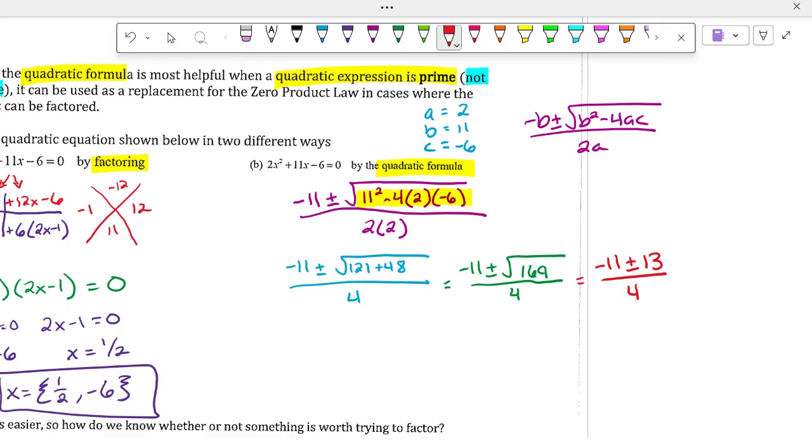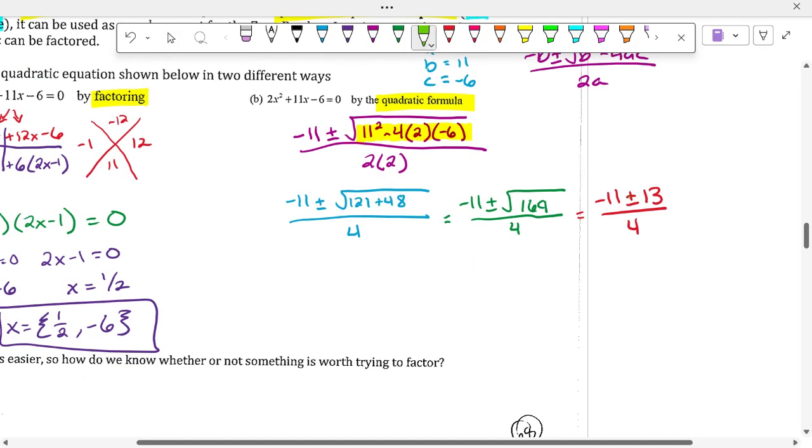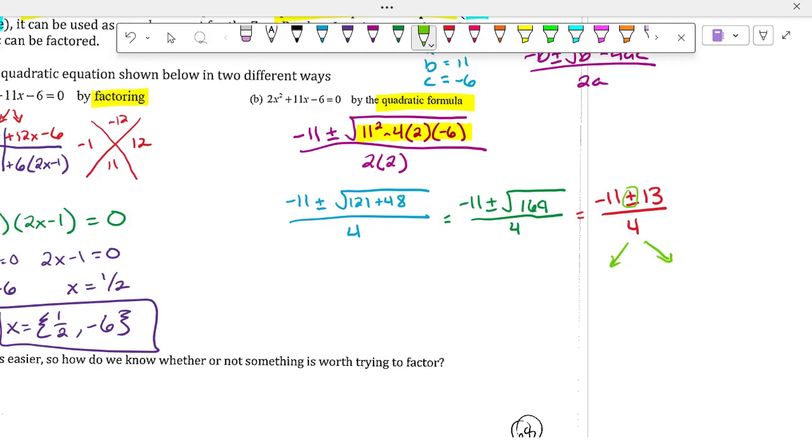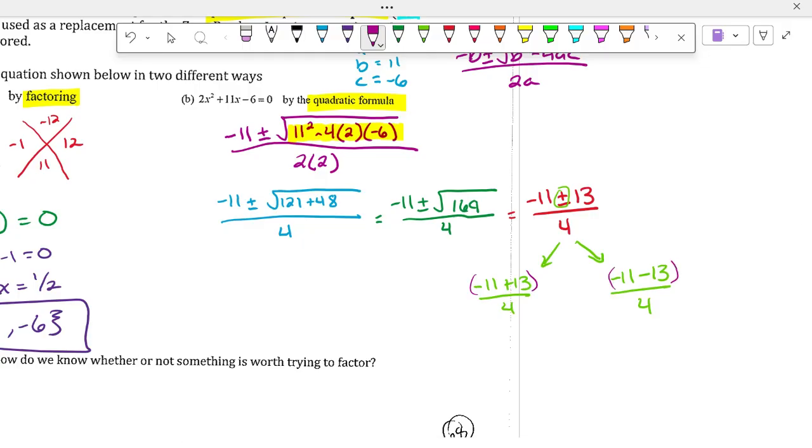Now, since we completely got rid of our radical, we need to break apart this plus or minus like we did when we were completing the square. So I'm going to break this apart into -11 plus 13 over 4 and -11 minus 13 over 4. Imagine these have parentheses around them, so you would do that first.